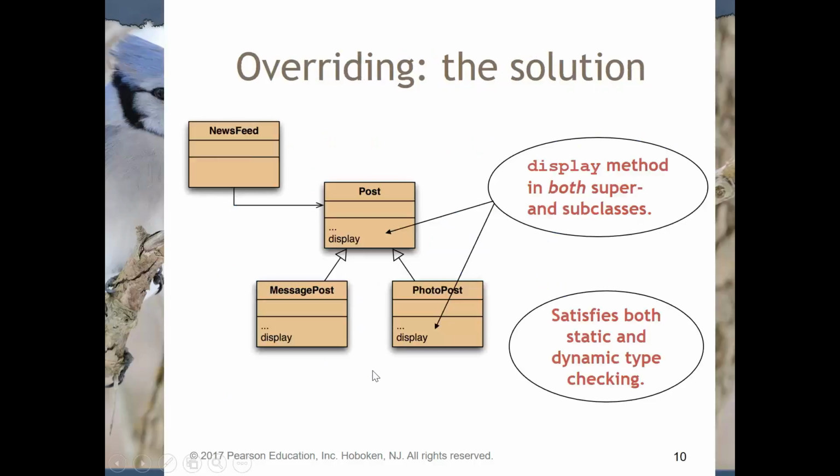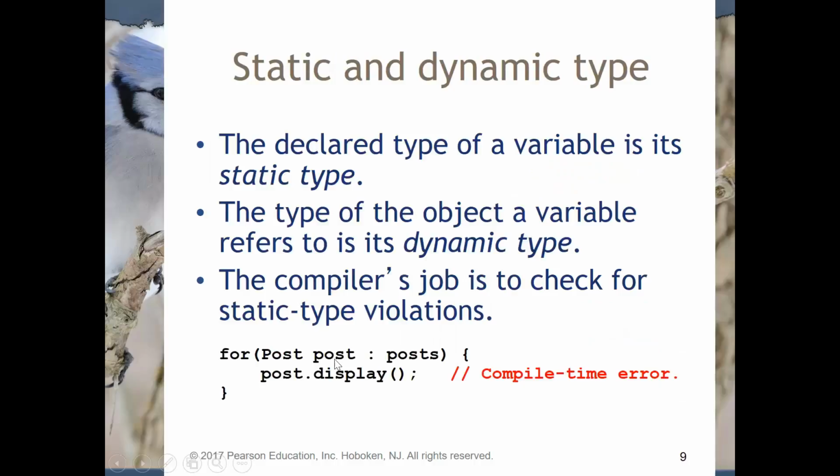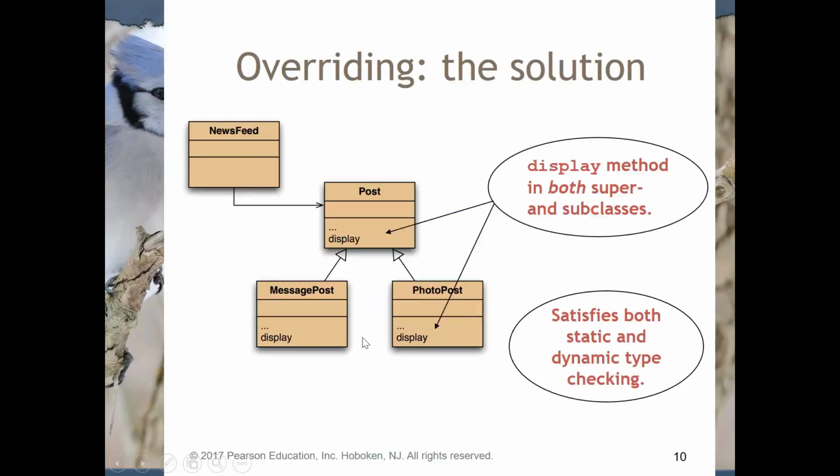Okay? So, how do you get around that? If we put a display up here, and then we override it down here, now it's going to work, because it is up here definitely. So back here, the compiler would have found it, and it's in the children. But these have specific code around them that they want. Now, if I add a third type, and I don't care about specific stuff, I can just rely on that one.